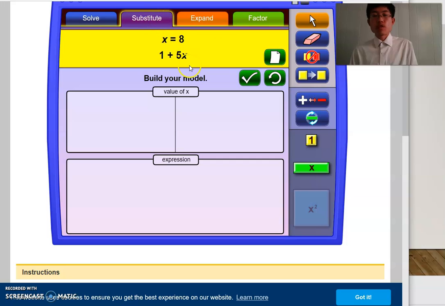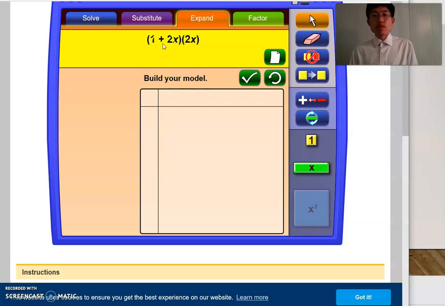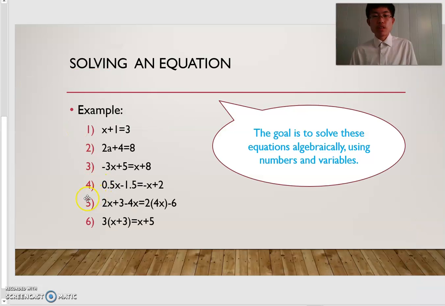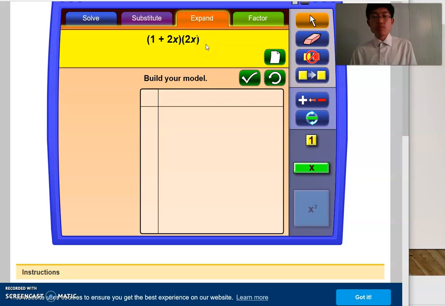Substitute is for solving equations with 2. So that x is 8, you're going to have to put it in here. Expand means multiplying, and this will be good practice if you are looking for things like this. If I'm going back to those slides, number 5 and 6, where you have parentheses inside the equation, that's going to be good for the expand.